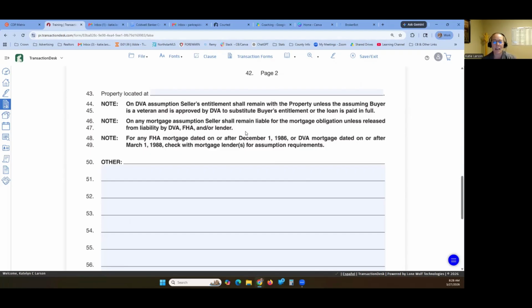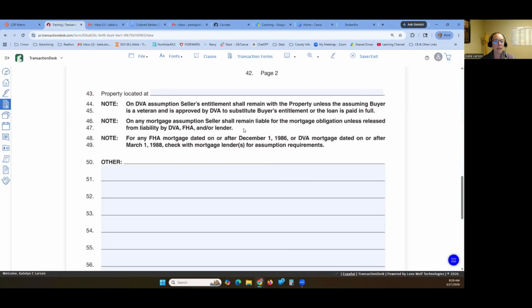What this is saying is that it is not our job as a real estate agent, it is not the buyer's job to get that release. This is a notice to the seller saying if you do not get that release from your mortgage company, you are still liable. That's just how liens work. Most of the time, when your seller is offering an assumptive loan, your buyer's getting assumptive financing.